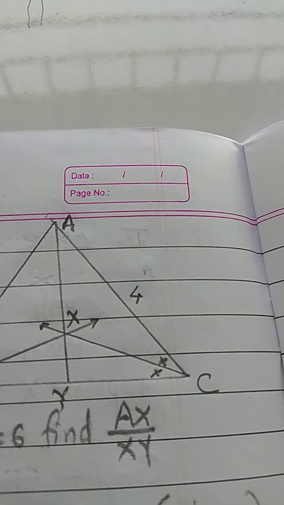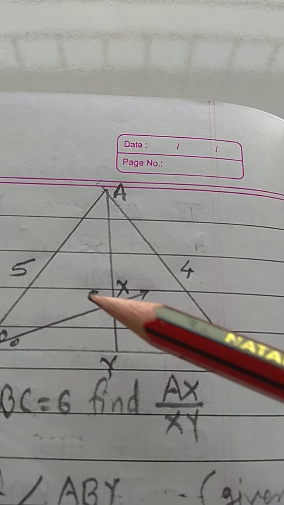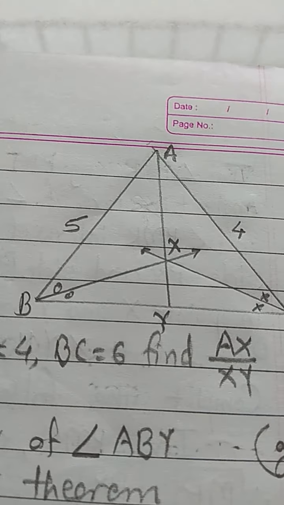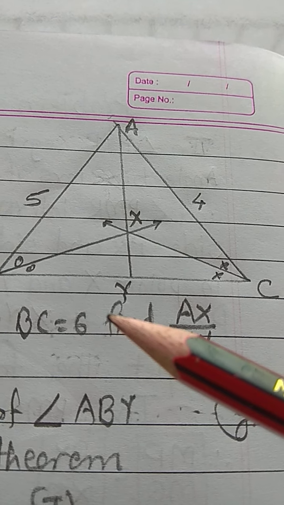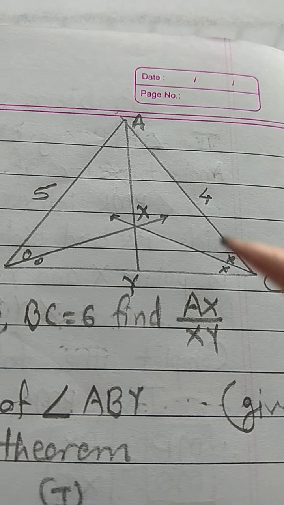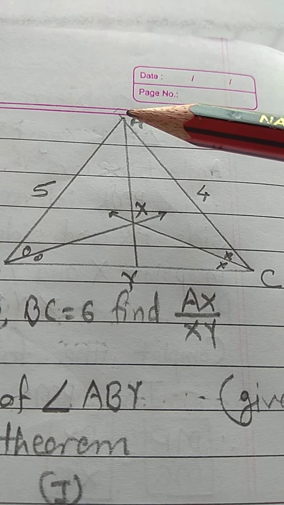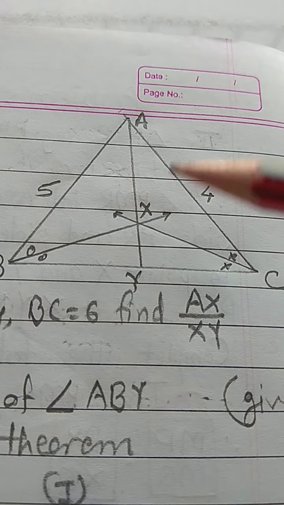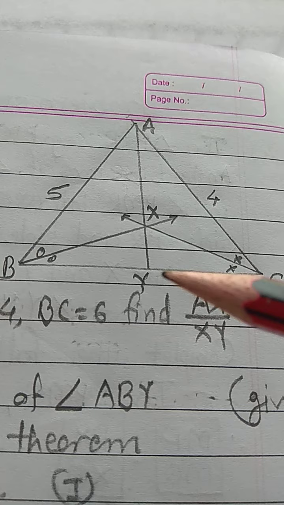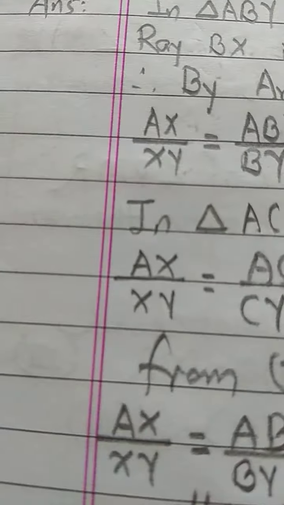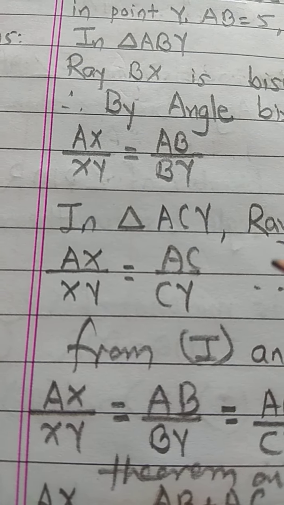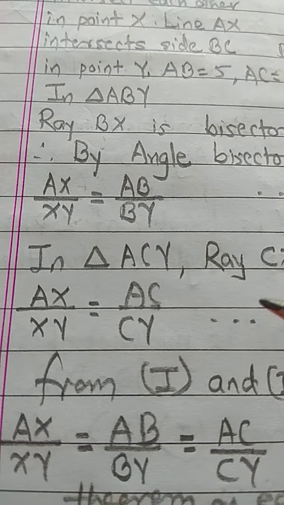As this ray CX is bisector of angle ACY, therefore, by angle bisector theorem, we can write AX upon XY equal to AC upon CY. Okay, see here, AX upon XY is equal to AC upon CY.